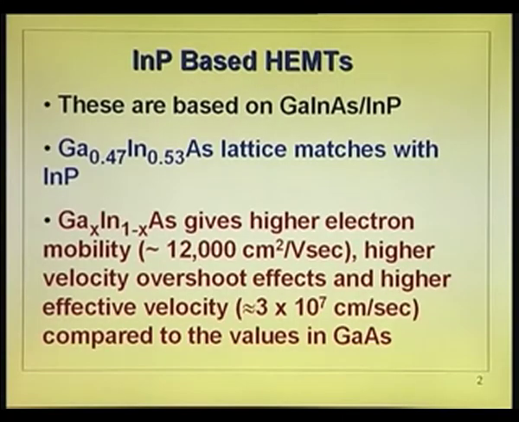So, gallium indium arsenide gives actually electron mobility of the order of 12,000, in fact even about 15,000 centimeter square per volt second. So, you got that much mobility which is much higher than that of gallium arsenide, and higher effective velocity is close to 3, as we just saw you get with gallium indium arsenide. Compared to gallium arsenide, it is much better.